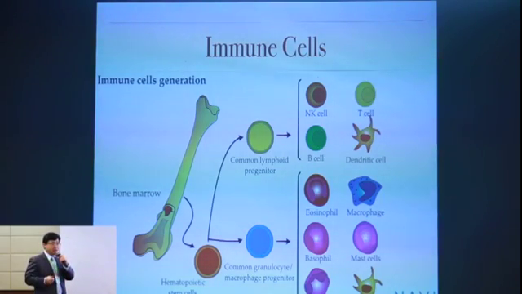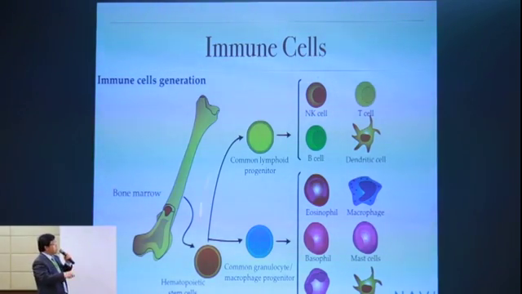Different kinds of immune cells have different functions. All of these cells control the immune system to defend our body from foreign pathogens, such as viruses or bacteria invading our body.